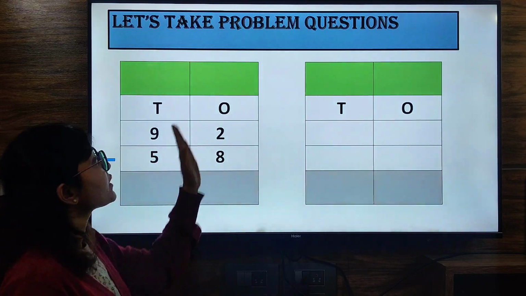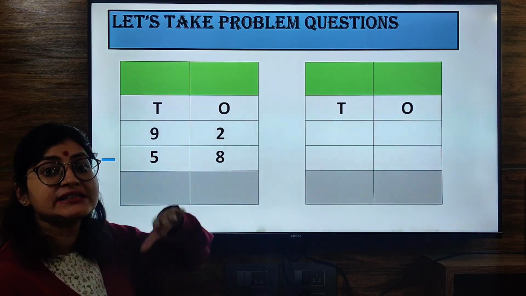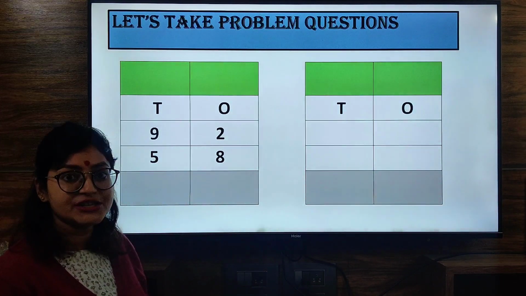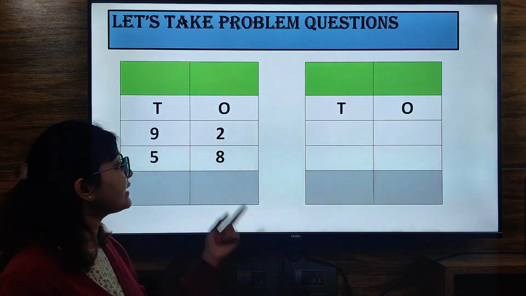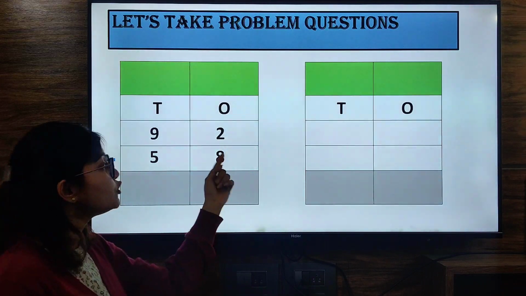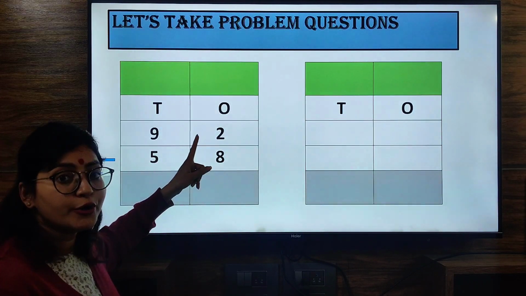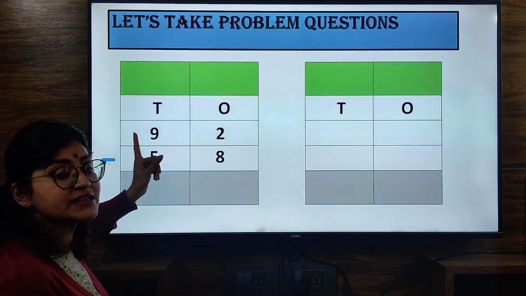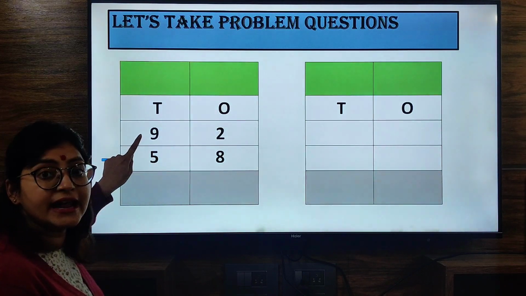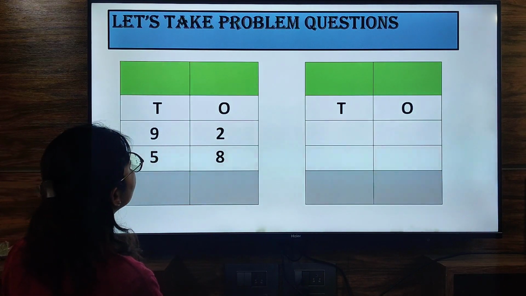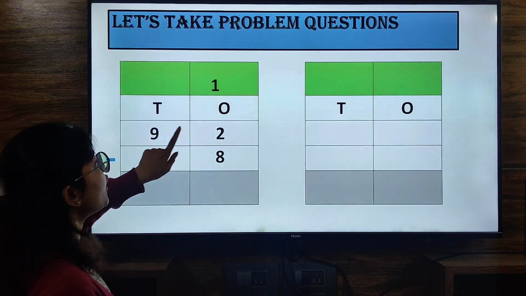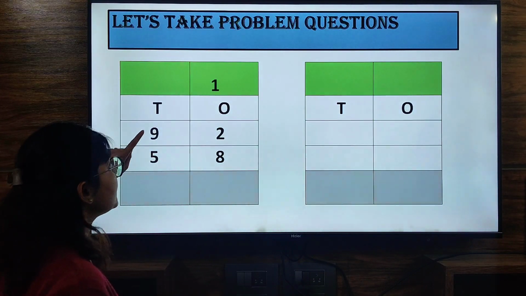Same way, because this 2 is a smaller digit and we cannot subtract 8 from 2, this 2 will borrow 1 from its neighbor, that is 9. So 2 has borrowed 1 from 9.